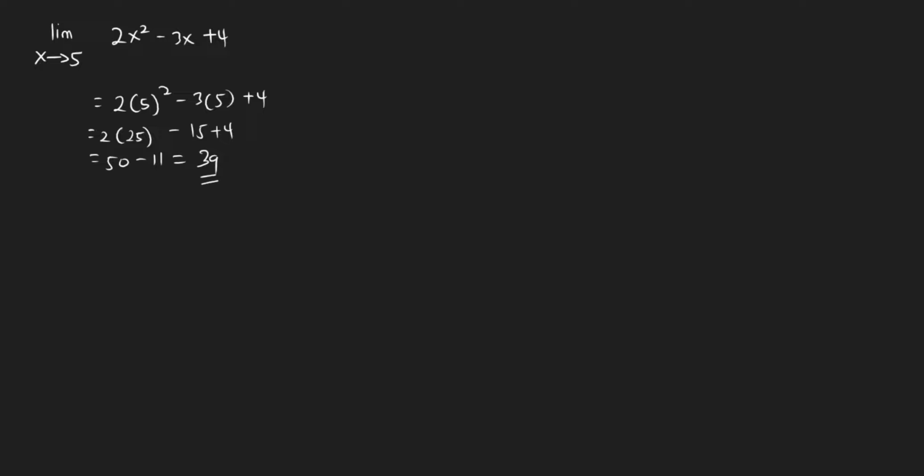Let's take one more example. Let's find the limit as x approaches minus 2 for this function: x squared plus 2x squared minus 1, divided by 5 minus 3x.